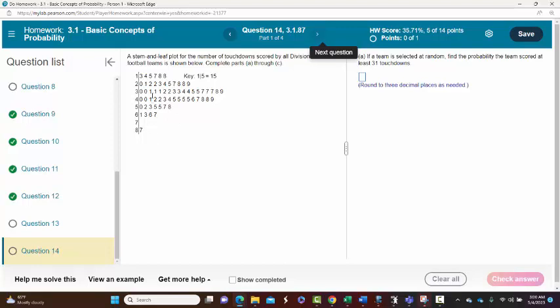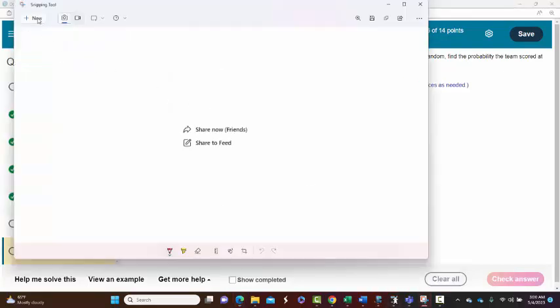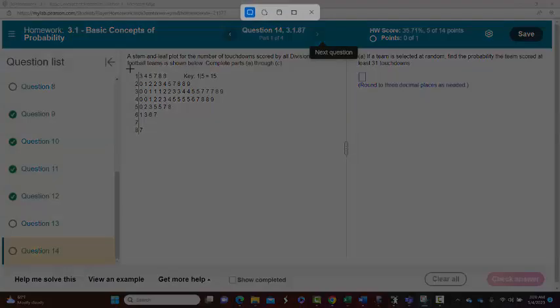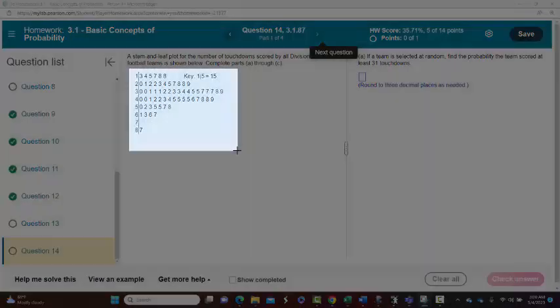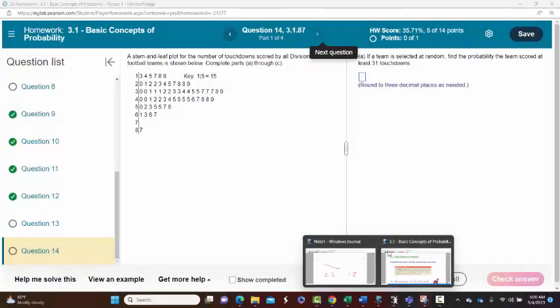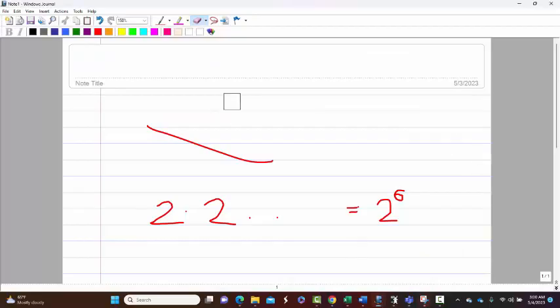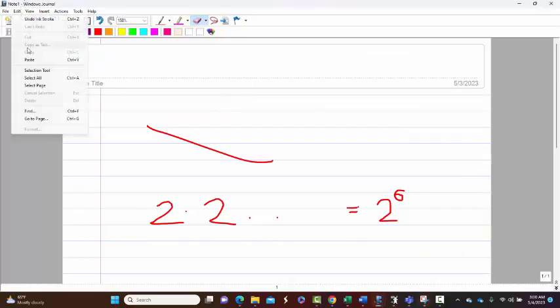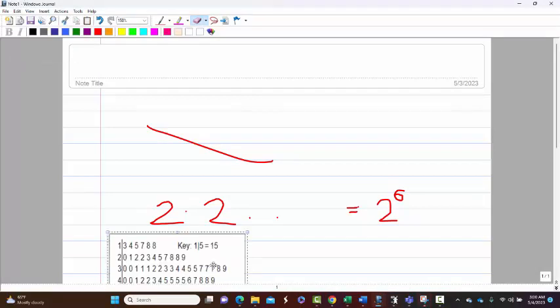At least 31 means you start right there where that 1 is on the row where the 3 is. You start with the 1 because that'll be 31. So how many leaves are there? I think I'm going to snip this out and put it on a scratch page here. So I'm going to write the 62 down here.